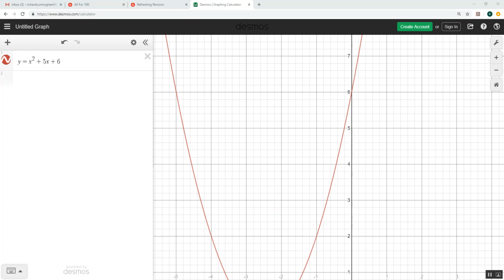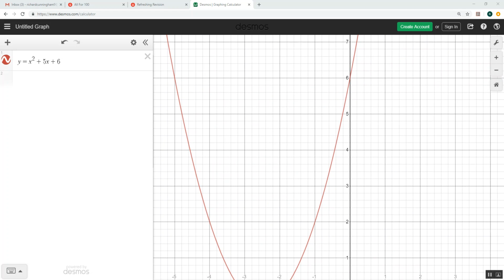But what do you think this point is called? It's on the y-axis. There's a special name for it, the same thing as for your straight lines.